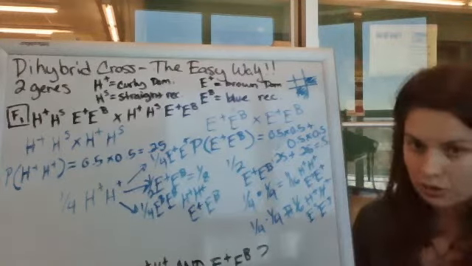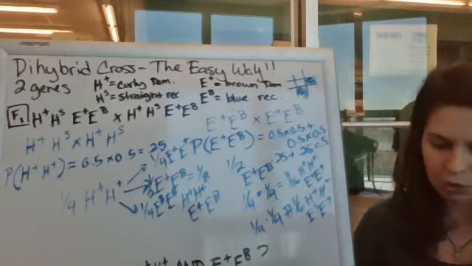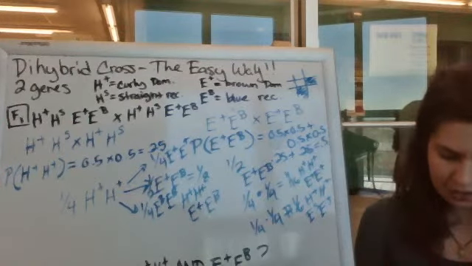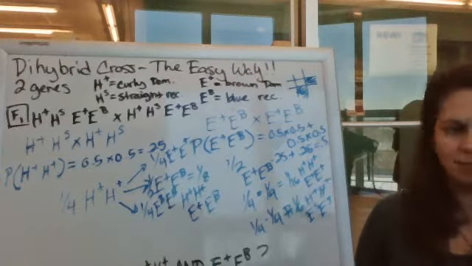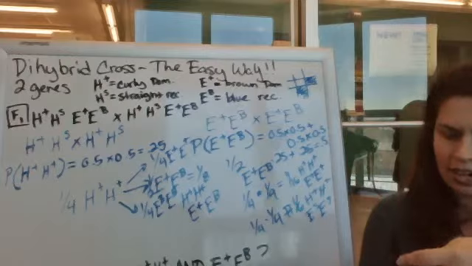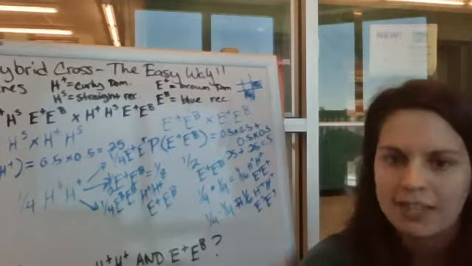And then if you're going to do the phenotype, you can do the same thing. So you can figure out that 3/4 of these individuals will be dominant for one trait, another 3/4 for the other dominant trait, so you know that dominant for both traits will be 9/16.